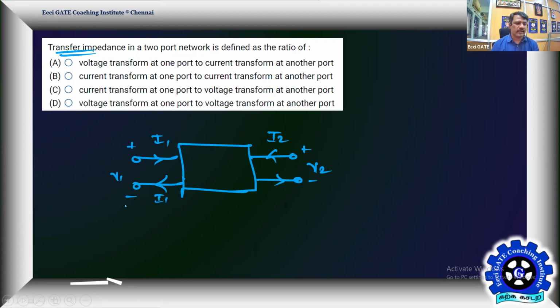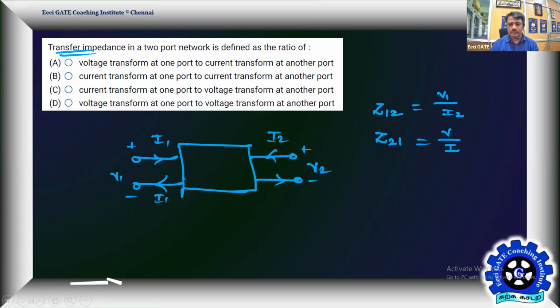Is it 1 2 or is it 2 1? What is Z? Z is nothing but V by I. Here also Z is nothing but V by I. It's an impedance parameter only.